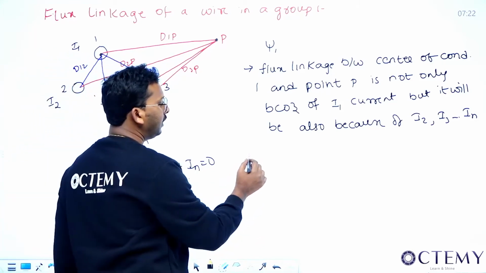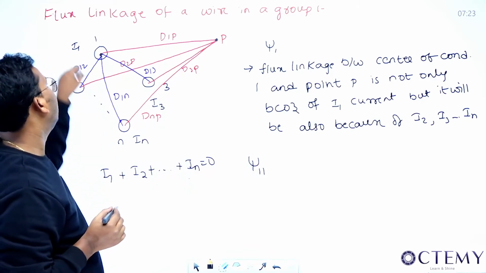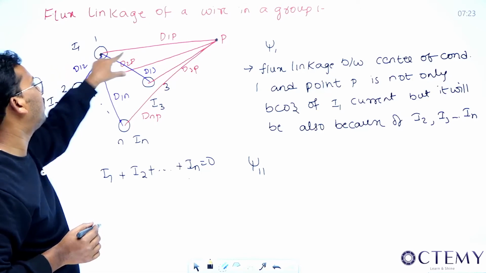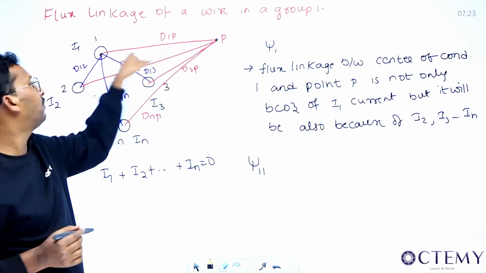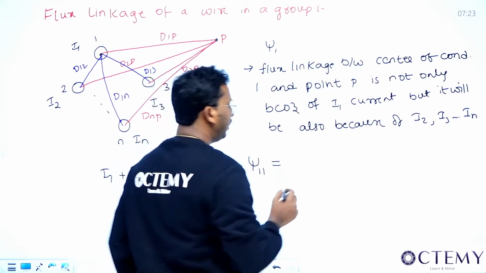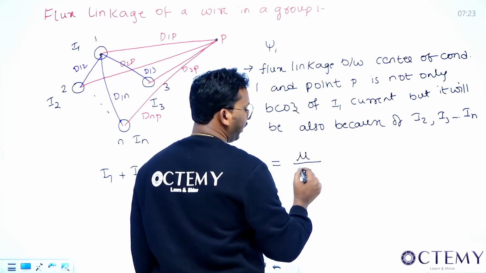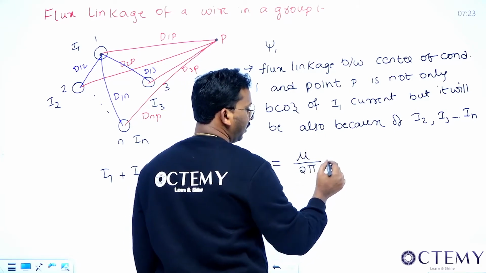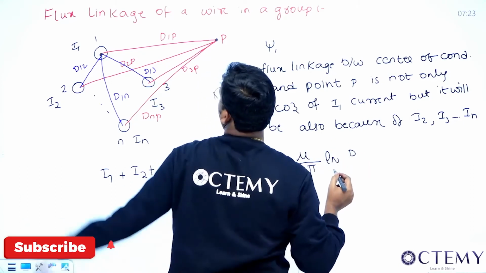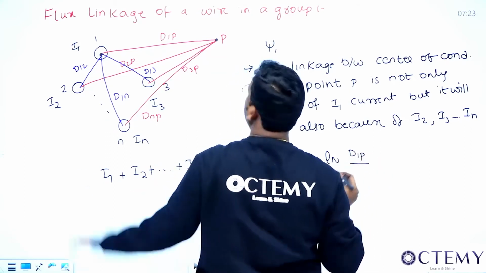To do that, I am finding phi 11, sir. What is phi 11? Because of this conductor's current, the flux linkage between the first conductor and the point P. So this would be equal to how much? This should be equal to mu naught by 2 pi into ln of d, the distance between this and this, d1P, divided by the radius.